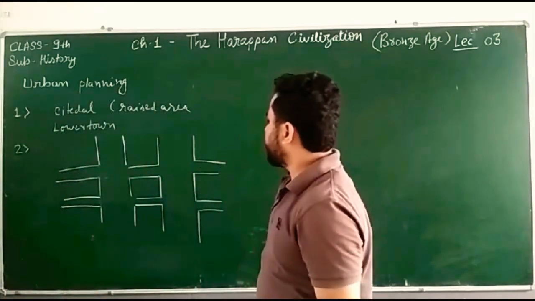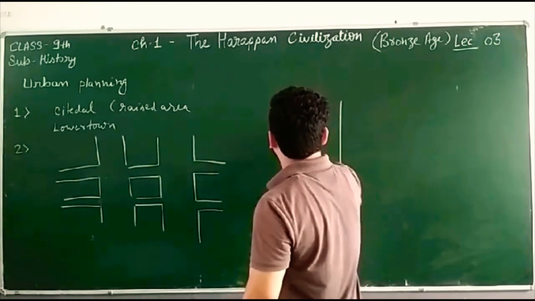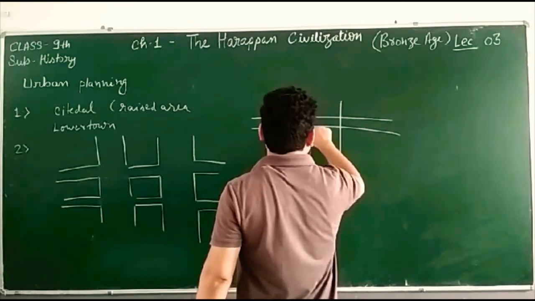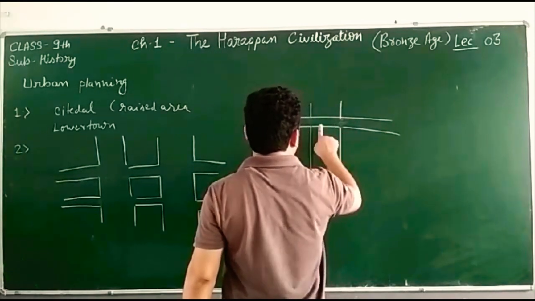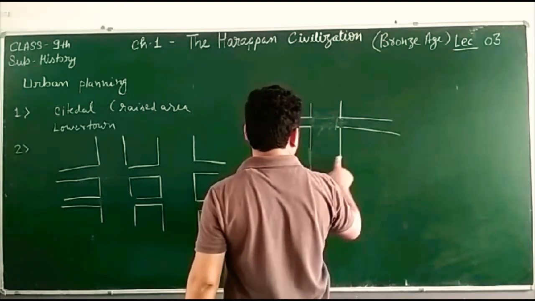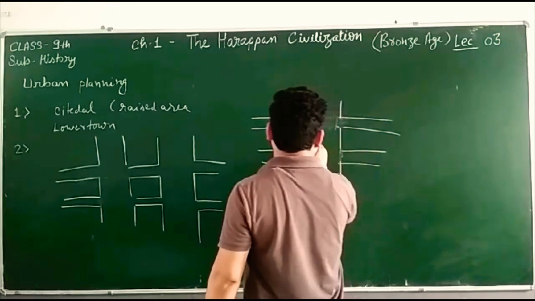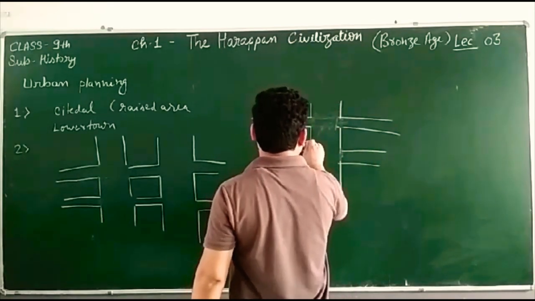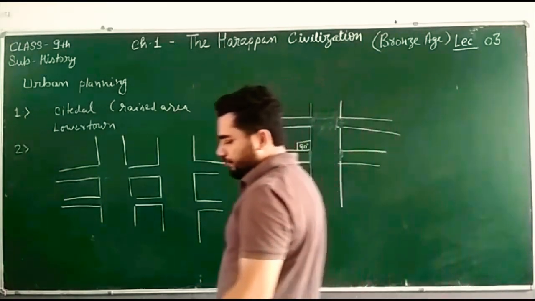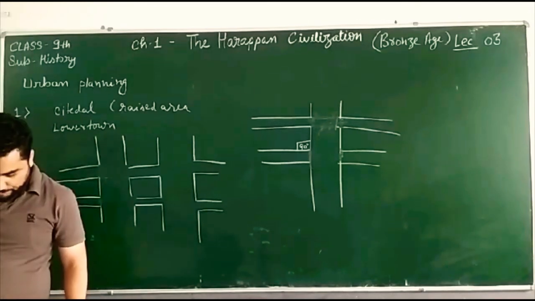So you can say the streets used to cut the main road at a 90-degree angle like this. This was a 90-degree angle. So a network of streets, lanes and roads was there.